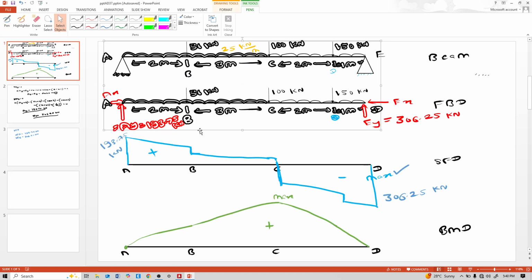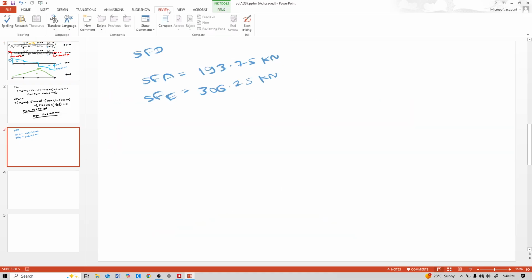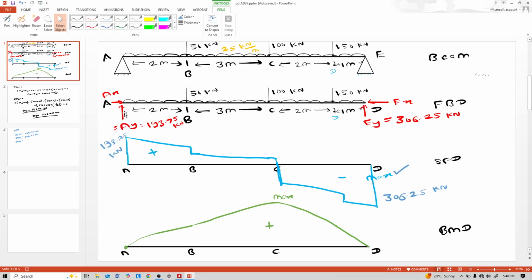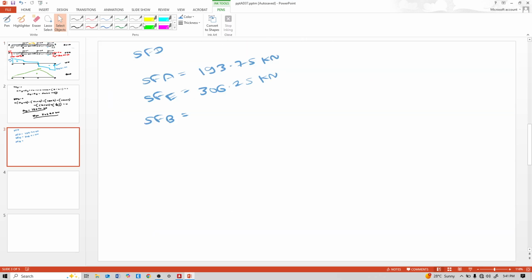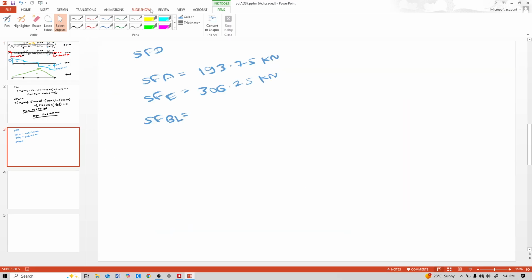Calculate shear force at this point B. For calculation of shear force at point B, AY is vertical, minus 25 into 2, and at left it is 193.75 kilonewton.